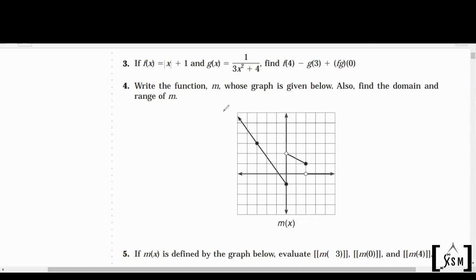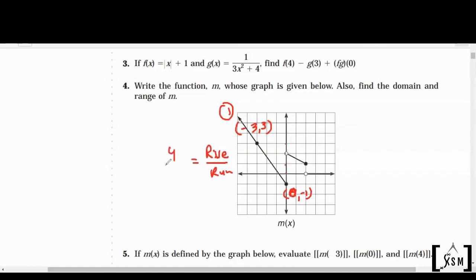So my first function: this point is (0, -1) and this point is (-3, 3). So the slope of this line is rise over run. I am finding the slope. From this point I rise by 1, 2, 3, 4.